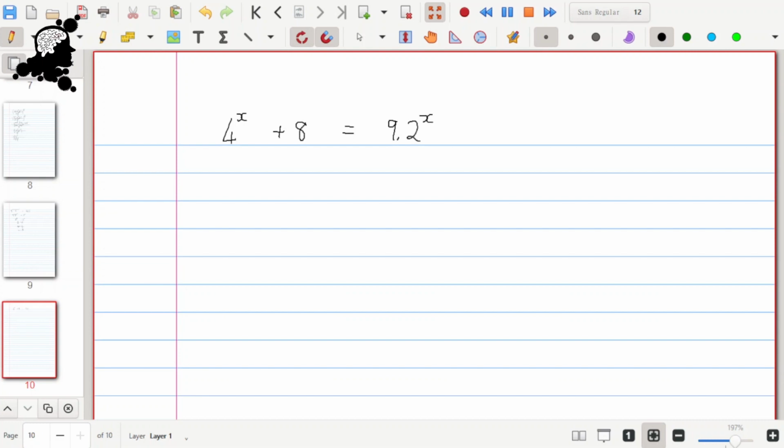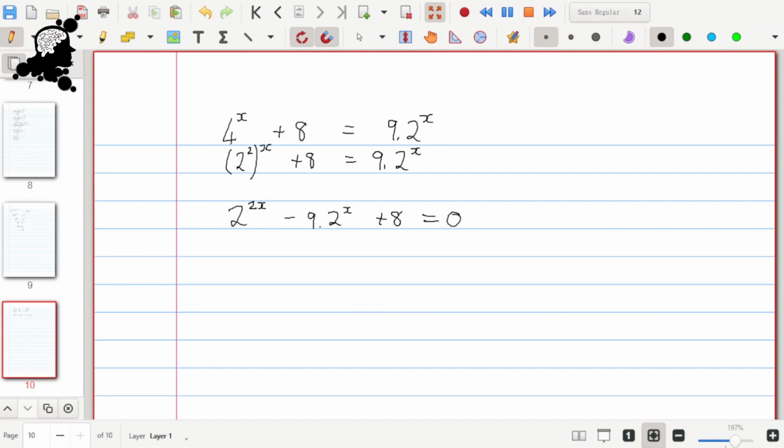As we've mentioned, we need to take the 4 and make it a prime number. 4 as a prime number is 2 squared, so we have 2 squared to the power x plus 8 is equal to 9 times 2 to the power x. Now I'm going to take everything from the right hand side to the left hand side. This is 2 to the power 2x minus 9 times 2 to the power x plus 8 is equal to 0.